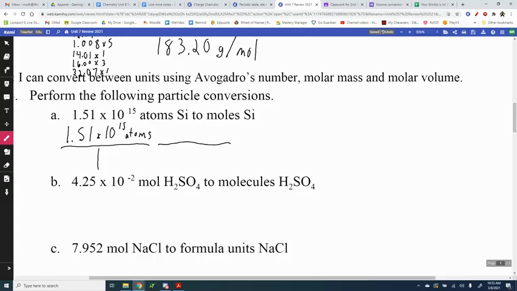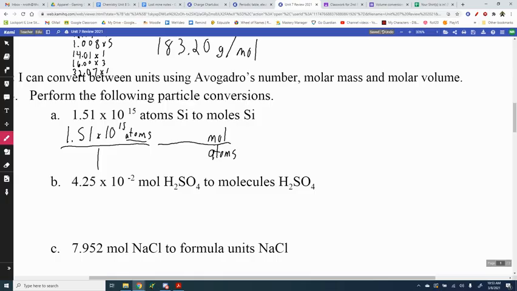We do our conversion factor. We need atoms on the bottom so that atoms cancels out. Our very first step is writing down the given, but our first conversion factor every time is converting to moles, unless you start with moles, which we did not, so we need to convert to moles.